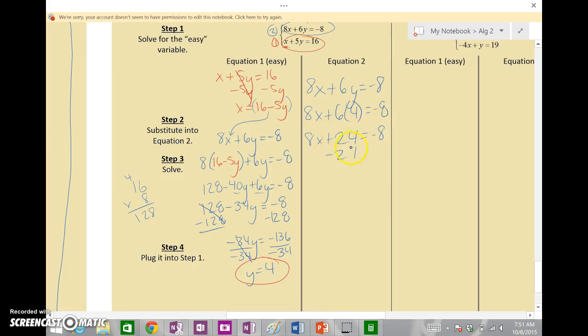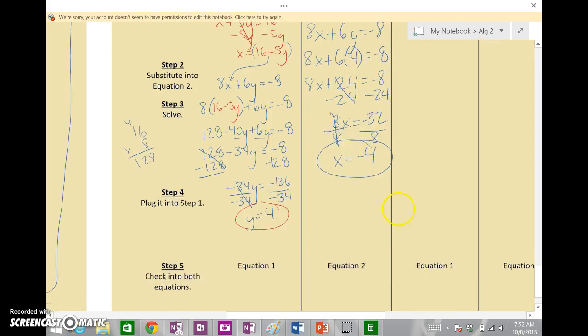I'm going to subtract the 24 from both sides. Negative 8 minus 24 is going to be negative 32. Then we divide both sides by 8, and I get negative 4.